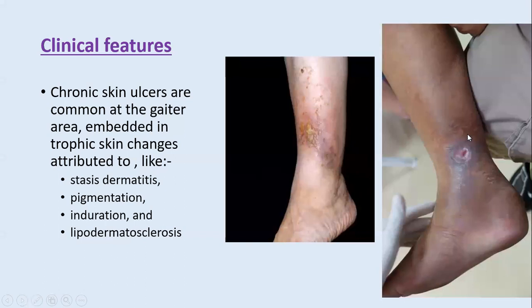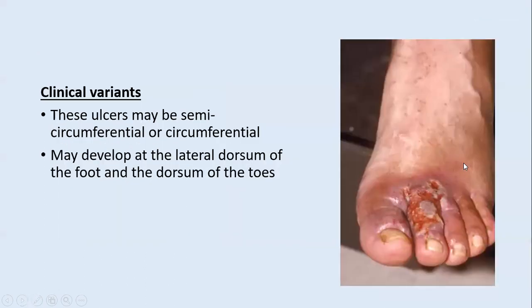Clinical features: the chronic skin ulceration due to chronic venous insufficiency is commonly seen in the area between the knee and ankle, along with trophic skin changes like stasis dermatitis, here the stasis dermatitis along with the ulcers, pigmentation, thickening or induration, and later on lipodermatosclerosis.